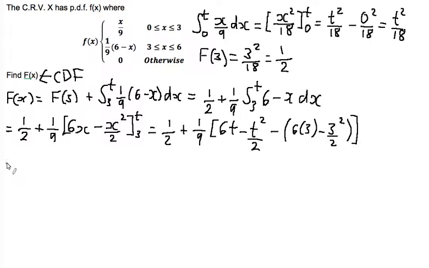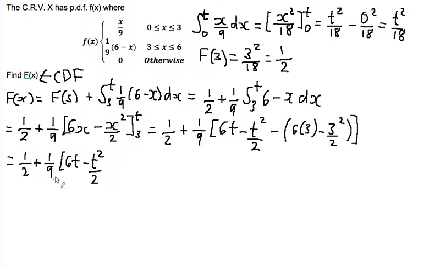This isn't necessarily difficult, it's just fairly long-winded, unfortunately. There's nothing I can do with the expression 6t minus t squared over 2 at the moment, as that will form our cumulative distribution function, but I can evaluate the second bracket.